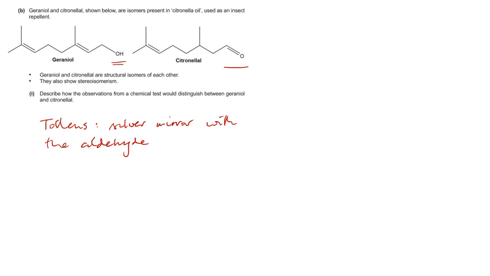So you've got that 1 mark, and then you just have to get the molecular formula of geraniol, and that's just a matter of counting up all the carbons, hydrogens and oxygens. Right, so let's do it together.